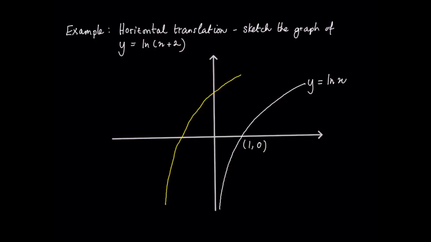So the curve will be parallel to log of x, so we'll have the same shape, and the intercept will be (-1, 0). The domain of this function will be x greater than negative 2. Now have a go at the multiple choice question.